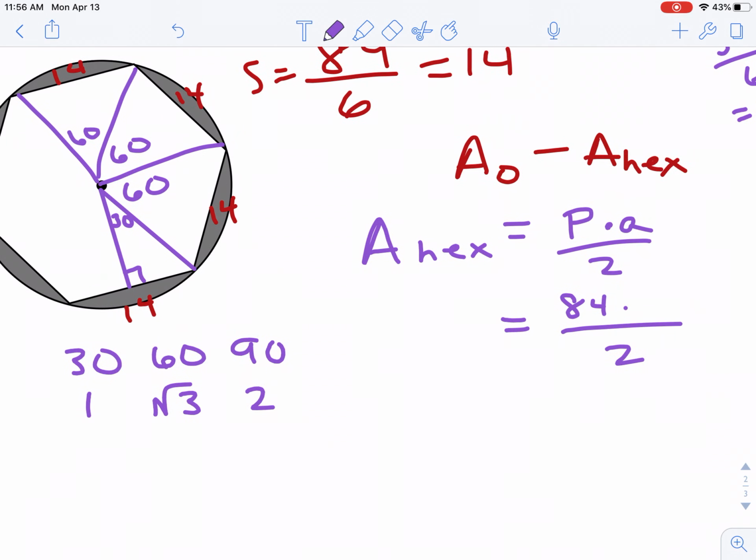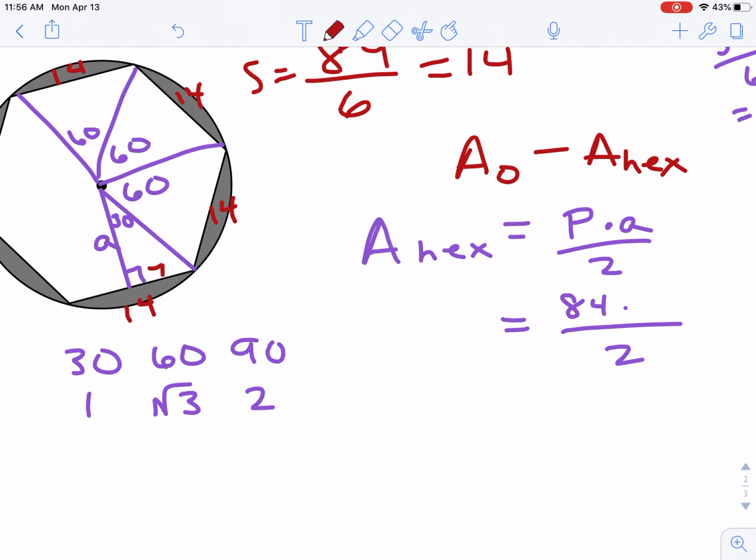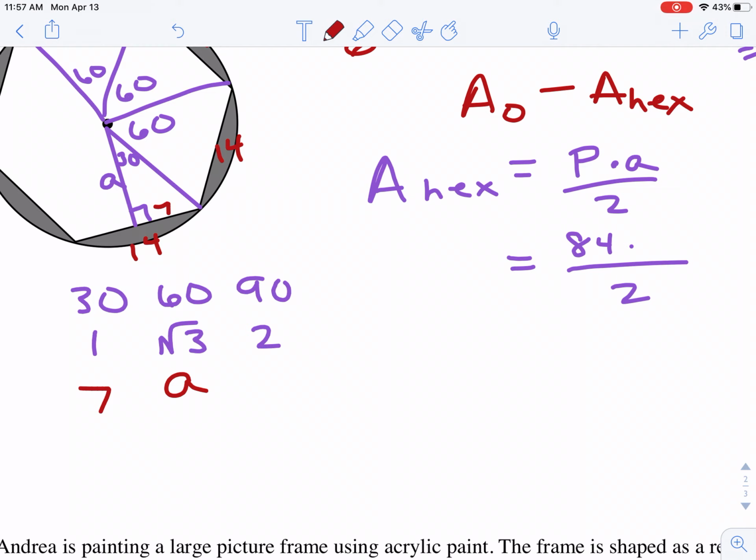And what I really would like to find is my apothem. And I know if the side is 14, then half of that is 7. So 7 is across from 30. My apothem is across from 60. And so I can find that apothem. 1 over 7 equals root 3 over a. So a is equal to 7 root 3.